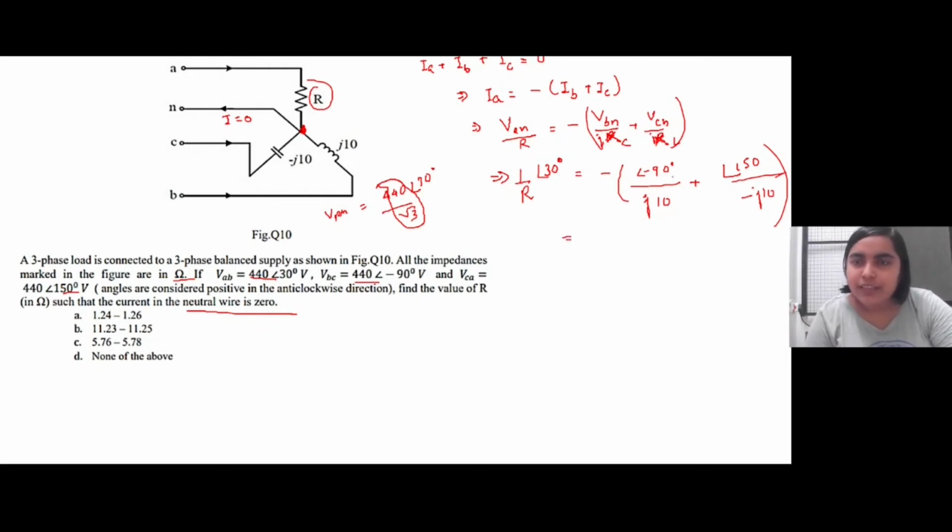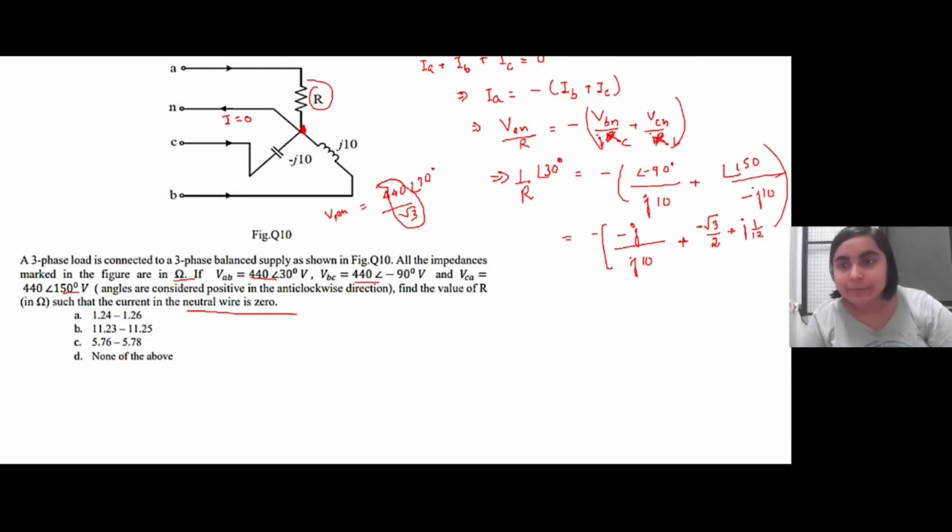Since we have to add, let us write it in terms of J. So cos of 90 degree is equal to 0, and sine of minus 90 degree is minus J. So J10 plus root 3 by 2 plus J half.